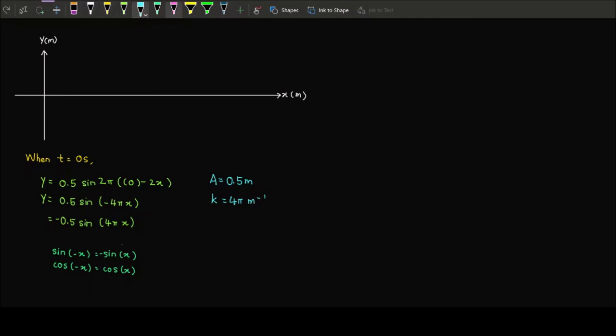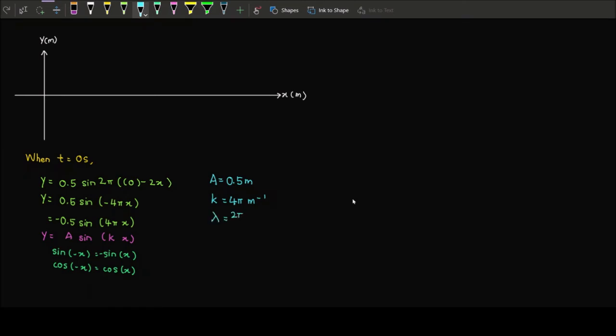But now if you see here, this is actually a y equals a sine kx graph. What accompanies x should always be k. You won't have omega x, it's always kx. So what is in front of x is k. So k is equal to 4 pi per meter. Okay, so the third thing that you can extract, you can transform, is lambda.